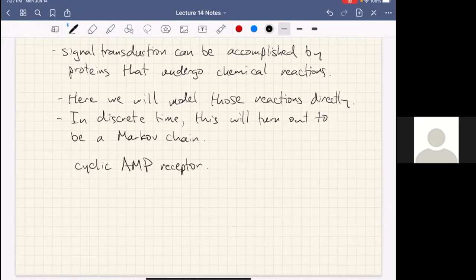The cyclic AMP receptor is famous as a model system for analyzing signal transduction. It has a very important role in what are called slime molds. Its action is very well known. Basically, these slime molds grow in a medium with food.